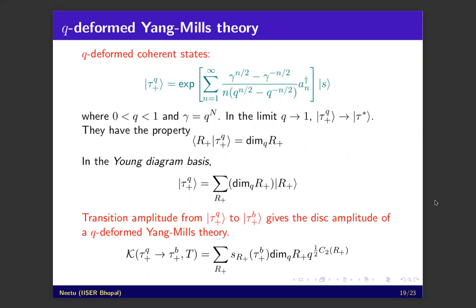So Neetu, is this a different way of seeing a map that already existed, or did the q-deformed map not exist? At least as far as I know, I haven't seen this map between the q-deformed Yang-Mills and matrix quantum mechanics.